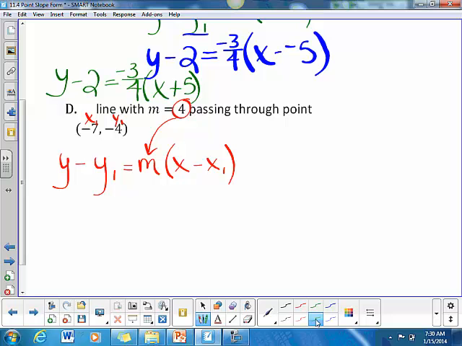All right. So I'm just going to substitute y minus, using negative 4 for my y1 term, equals, my slope is 4 times x minus a negative 7.